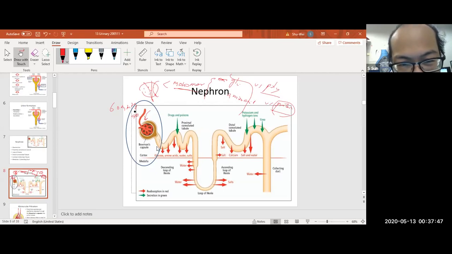So here is everything smaller, including the monomer. Here we will see glucose, we will see amino acid, and the water and the ions. So basically the monomers, water and ions go through here, and the protein keeps flowing out.